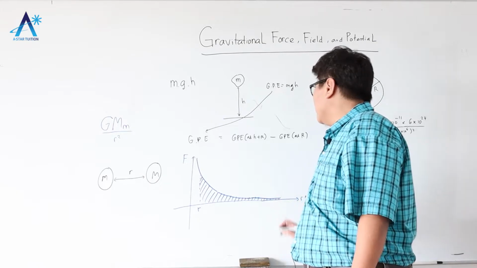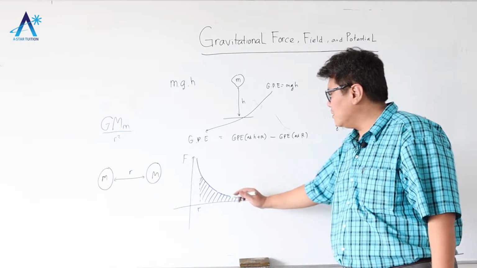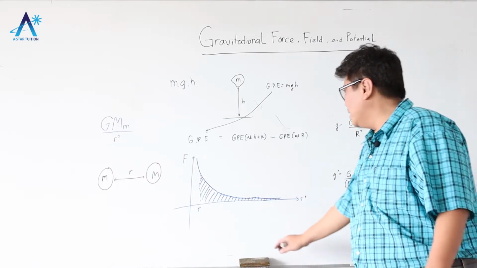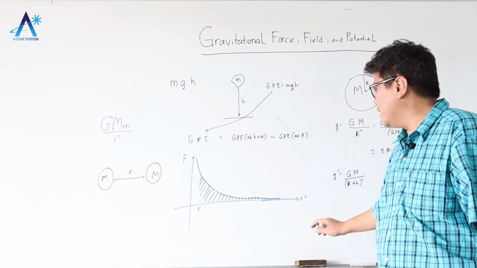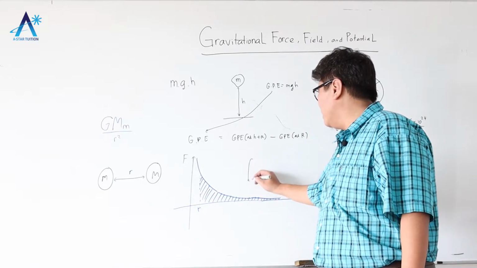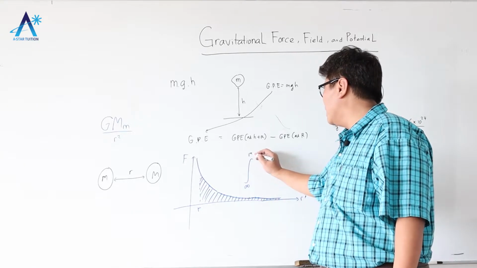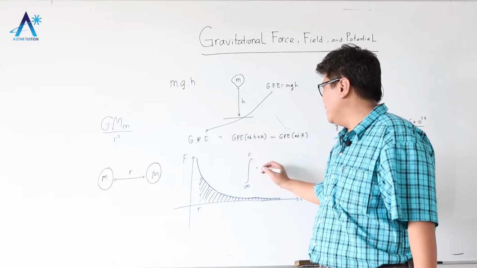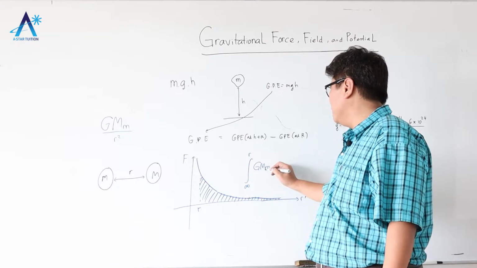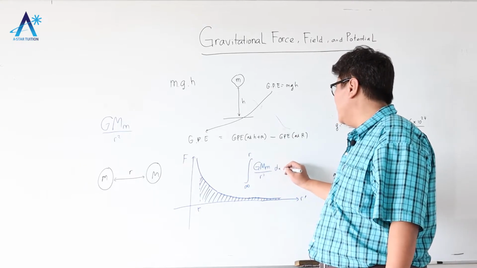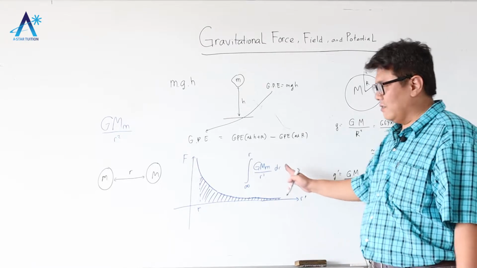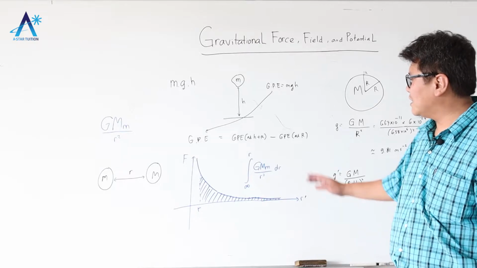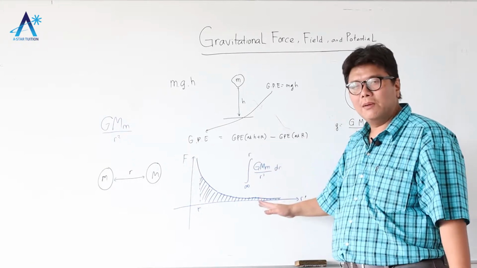If the area is not any shape that you are familiar with, then from calculus you can do that by integration from infinity to r of the force as a function of distance, dr. This is one part that you don't have to worry about too much.